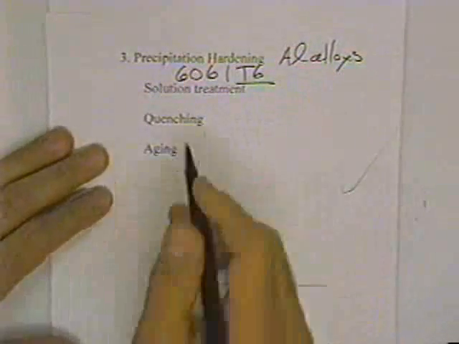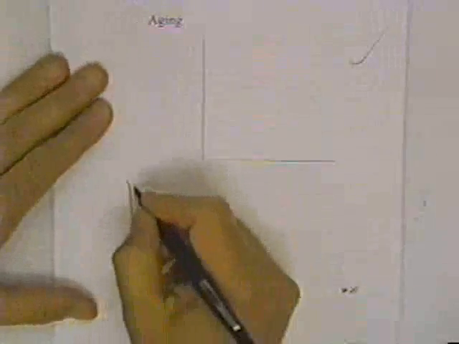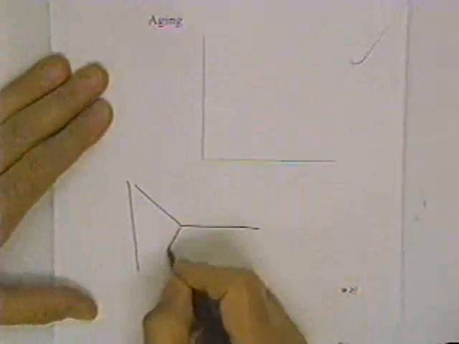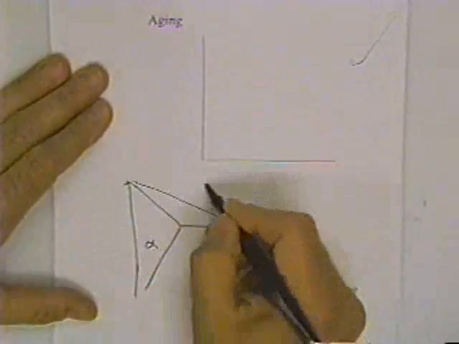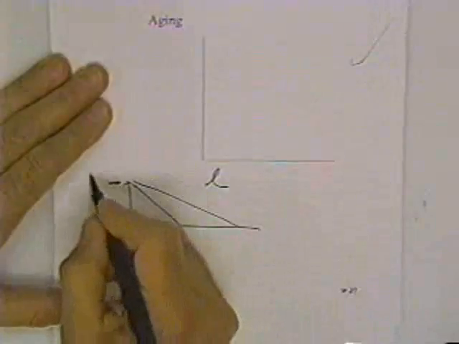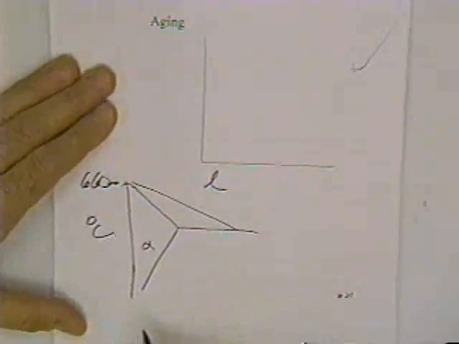The first step is a solution treatment, and if we were to look at the phase diagram for this material, it's a eutectic system. This is alpha. This is going to be liquid. This is the melting point of aluminum, 660 degrees centigrade.